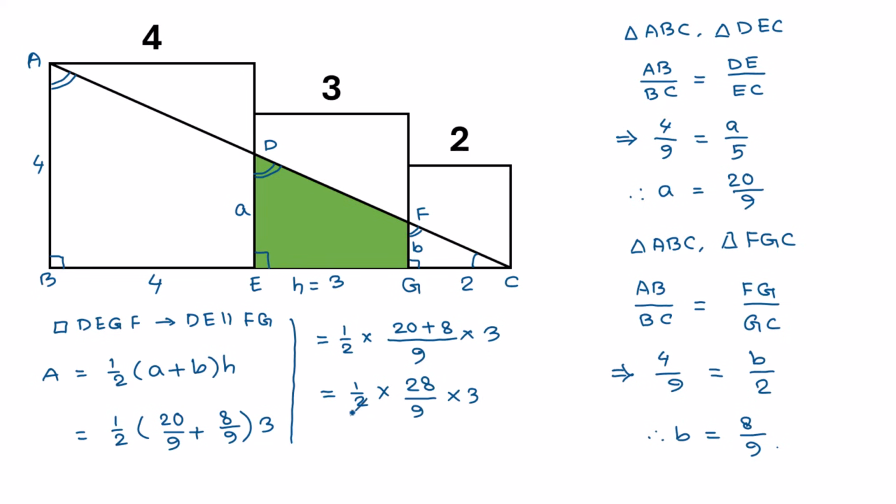Now 2 divided into 28 will be 14, and 3 divided into 9 leaves 3. So this will be 14 divided by 3, and this is the area of this green region.